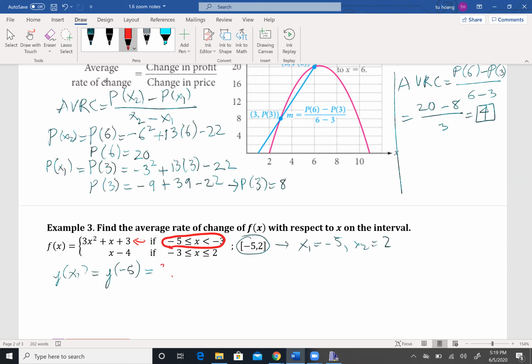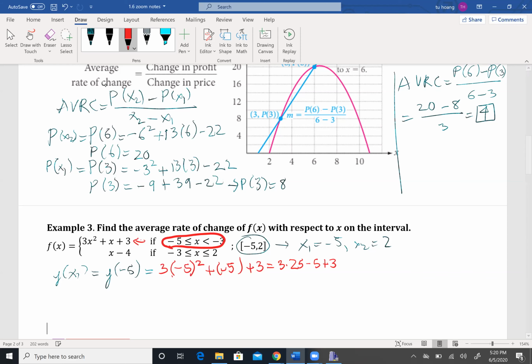Okay, so it's going to be 3x squared. Now x squared becomes -5 squared, and then plus -5, and then plus 3. So now you will have 3 times 25 minus 5 plus 3.